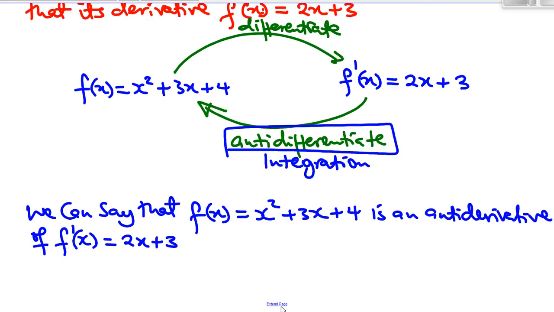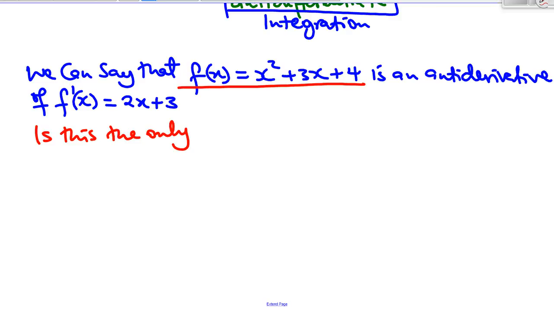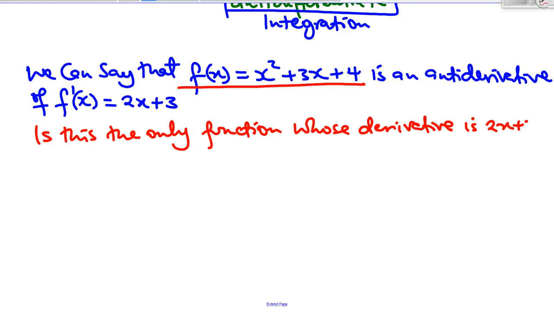Now that poses some questions that we need to investigate here. So the main question is: is this the only function whose derivative is 2x plus 3?